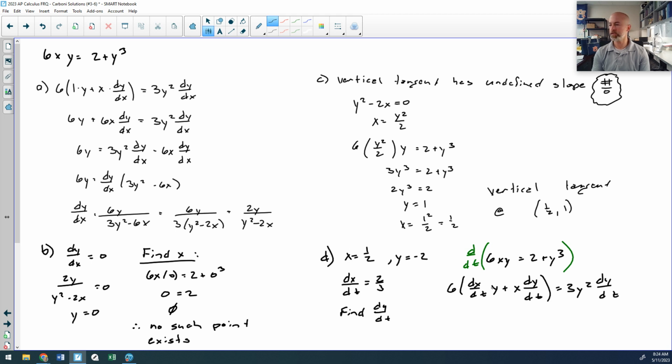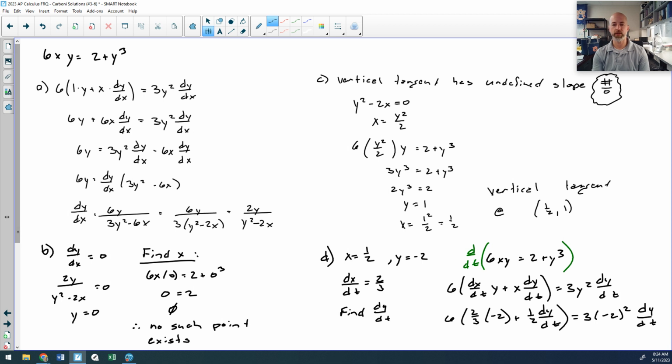And now we substitute everything we know. So 6 times dx dt, which is 2/3, times y, which is -2, plus x, which is 1/2, times dy dt, which we don't know, equals 3y squared. So it'll be 3 times -2 squared dy dt.